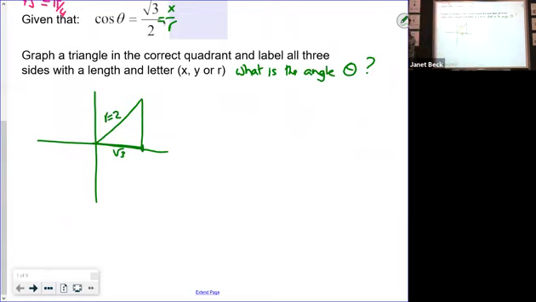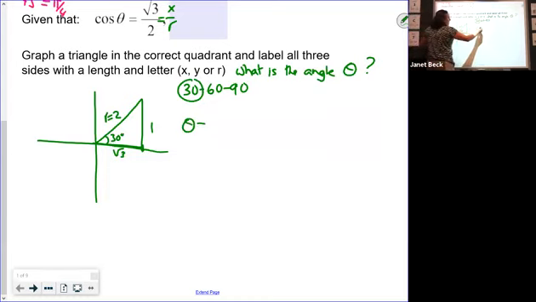So the third side, if you look at that, I hope you're recognizing that as being a 30, 60, 90 triangle. And this would be the short leg. So this would be 30 degrees. So that's telling me my angle in radians is pi by 6.